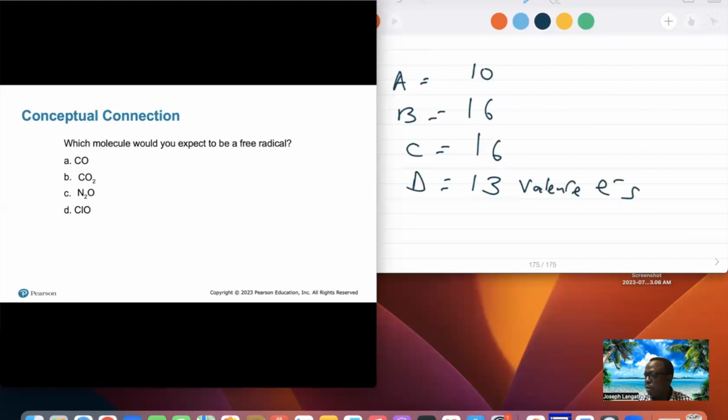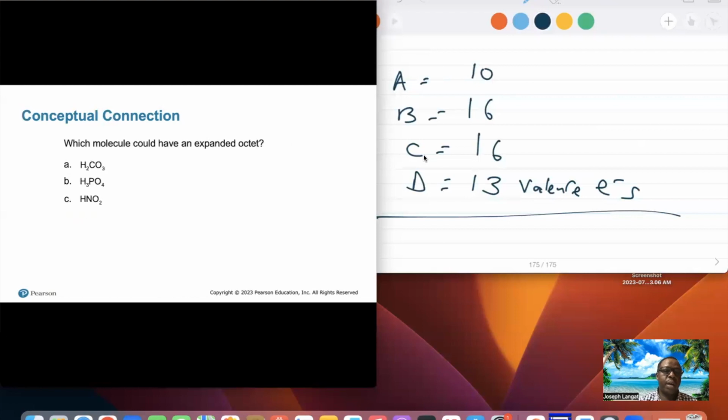That's how you determine which one is a free radical. Free radicals are species with an odd number of electrons. That's the only way you can think of. And they are very reactive. So you have to do the math and see how many valence electrons they have.